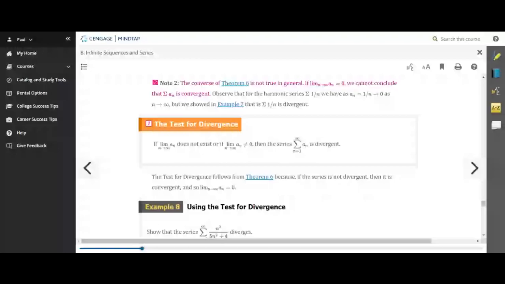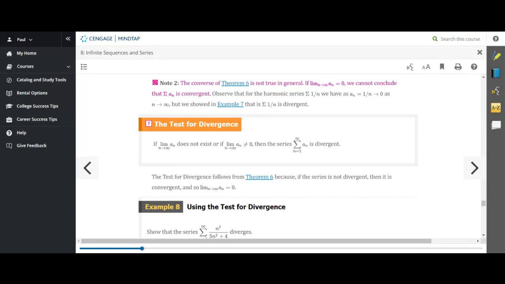The test for divergence says that if the limit of the sequence of terms of the series does not exist, or the limit of the sequence of terms doesn't equal 0, then the series has to diverge.